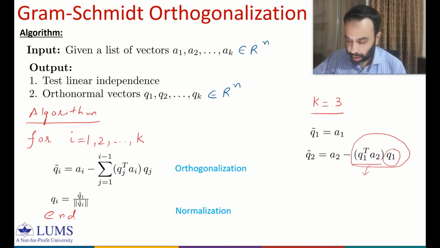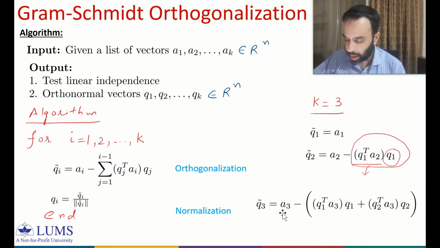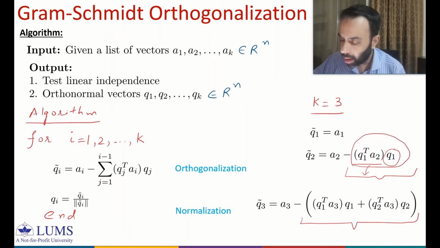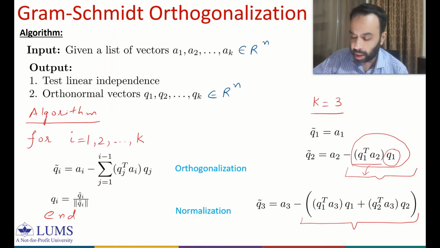Then you run for k is equal to 3, so you get q3 tilde as a3. You subtract, okay, now we can explain this term, and then connect with what we had here. This term is in fact a projection of, or you can say the components of A3 that can be expressed as a linear combination of Q1 and Q2.